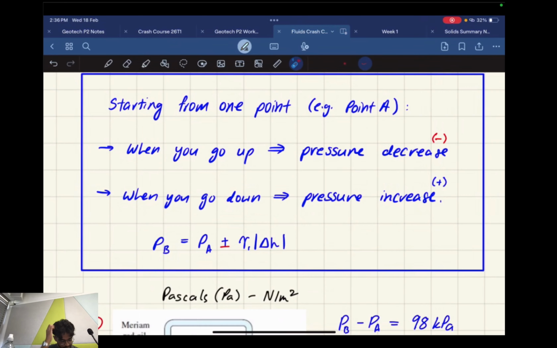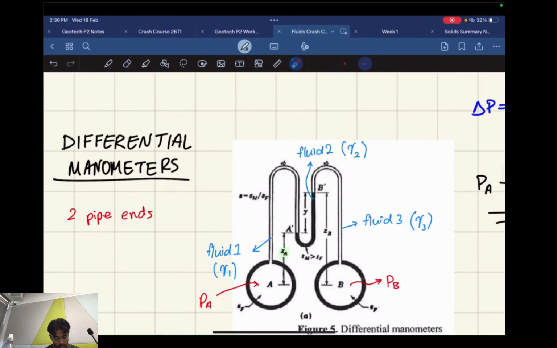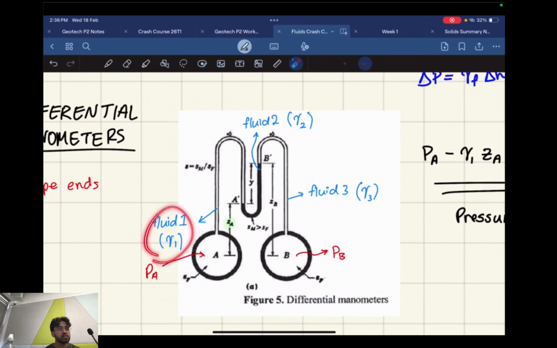Okay? So for example, over here, we have fluid number 1 with a unit weight of gamma 1. The change in height is given by Z_A, and it's a positive change in height. What does that mean for my pressure? Negative or positive?